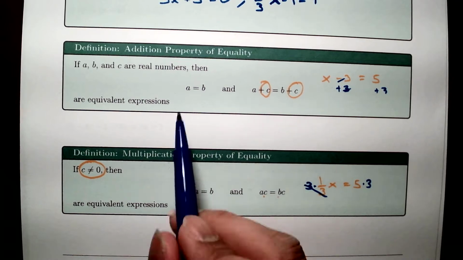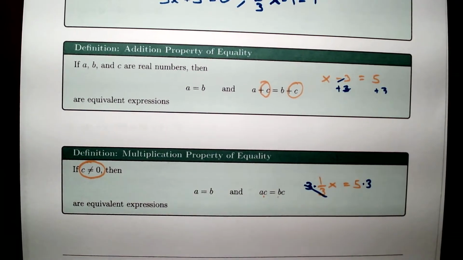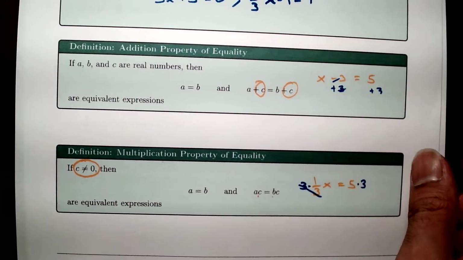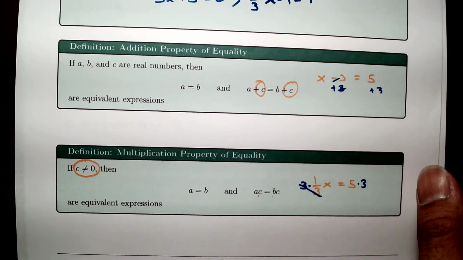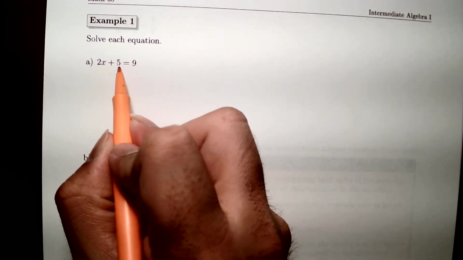The best way to see these two properties in action is by actually looking at examples, so let's move on to the next page. Let's solve each equation here. The goal is to isolate the x. I want to get rid of this 5, and then get rid of this 2.